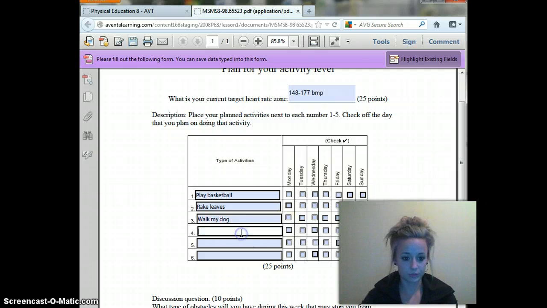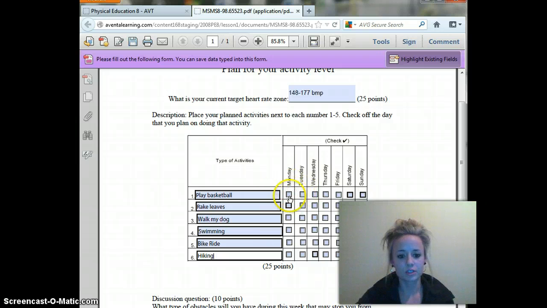I may go swimming. What about a bike ride? And maybe I'll go hiking. Now I have my activities listed. They don't have to be exercising, just some activity, like cleaning the house, raking, or walking your dog. Those are activities, so you can write those in.